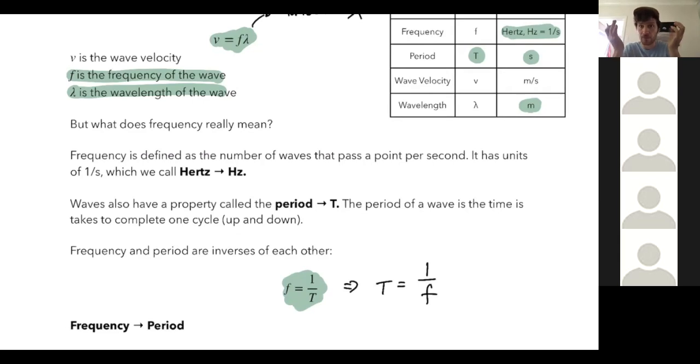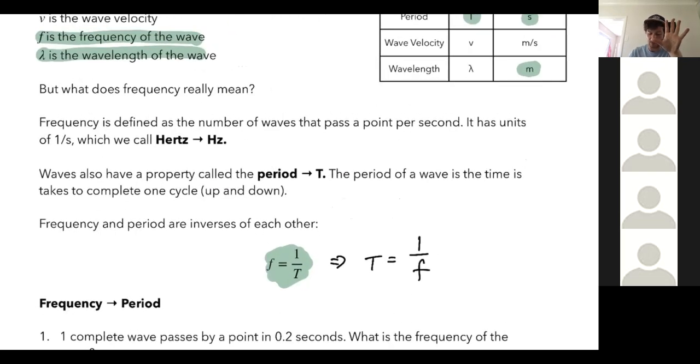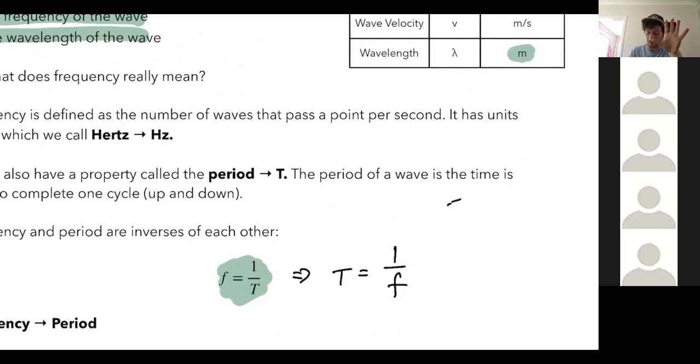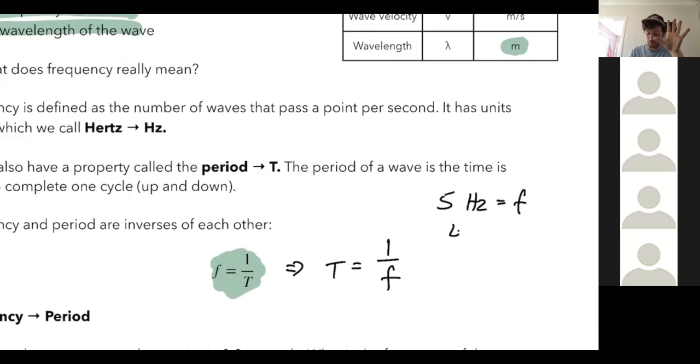So if you think about it, if I have something that has a frequency of 5 hertz, that's my frequency, that means it's 5 times per second.